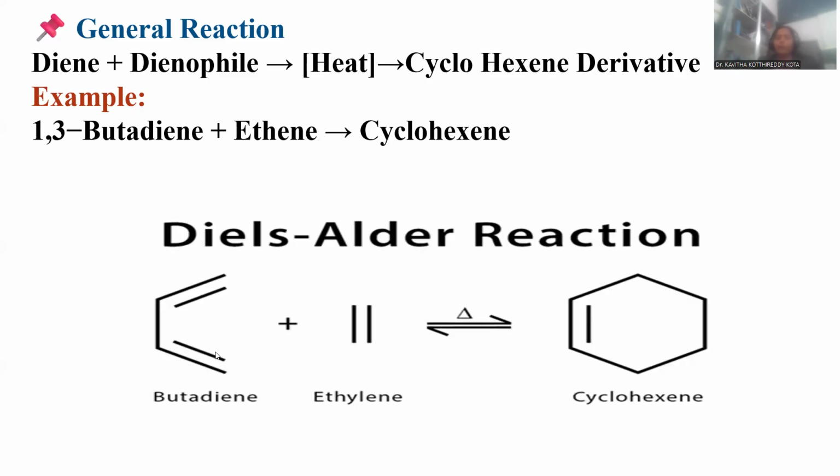So 2 pi bonds are participating in sigma bond formation between the carbon atom of the dienophile and the carbon atoms of the diene, so that ring annulation takes place. 2 pi bonds take part in sigma bond formation, and 1 pi bond is formed again. This is the reaction called the Diels-Alder reaction. 1,3-butadiene reacted with ethene. Simply it is a cycloaddition process, and cyclohexene is the final product.